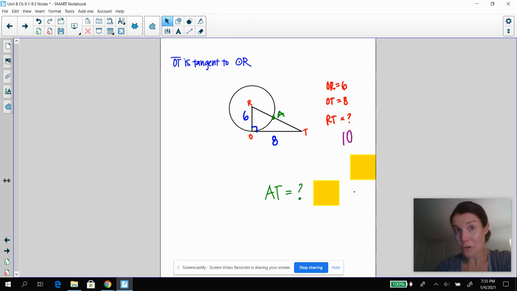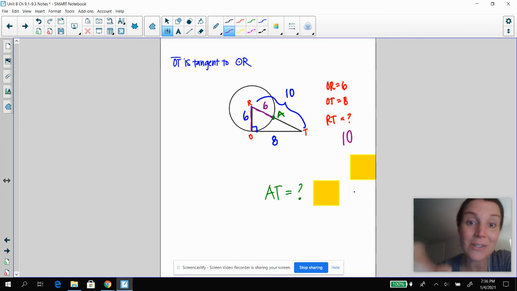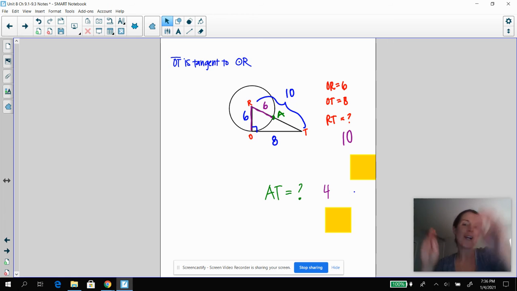The little bit harder thing is figuring out what AT is. Now remember, if this whole thing is 10, don't forget that all radii are congruent. So RO is a radius, but RA is also a radius. That is also 6. So it means that AT has to be 4. Yeah. All right, good job.